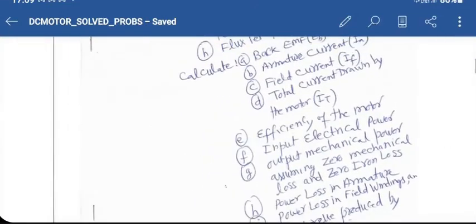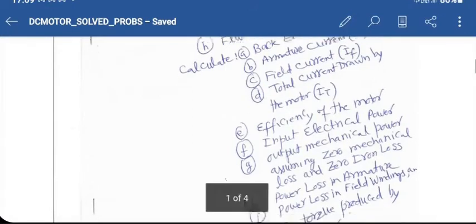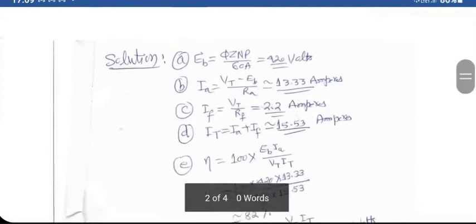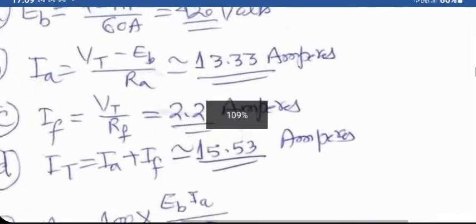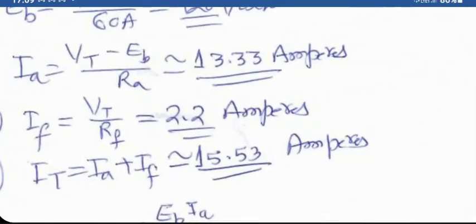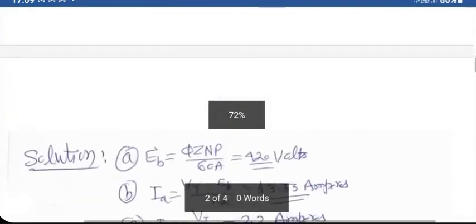Total current, IT, which is armature current plus field current. So 13.33 plus 2.2 amperes. Okay, 15.53 amperes approximately. That's the total current drawn by the motor.